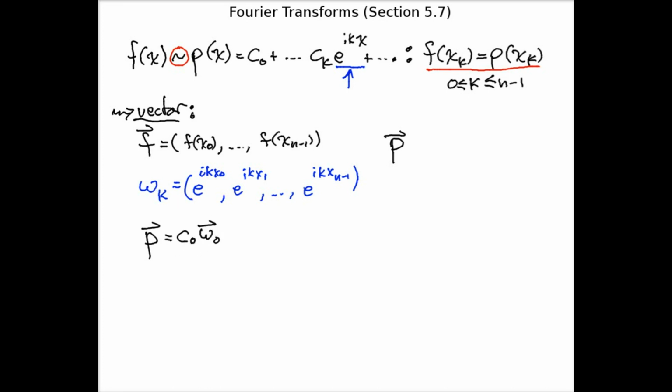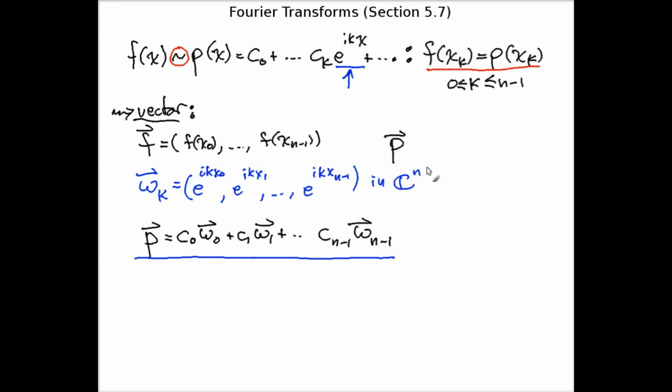Let's put a vector over this to indicate it. Plus c1 omega 1 plus c n minus 1 omega n minus 1. Okay, so this is a bunch of vectors, complex vectors. Each of these guys here is in Cn.